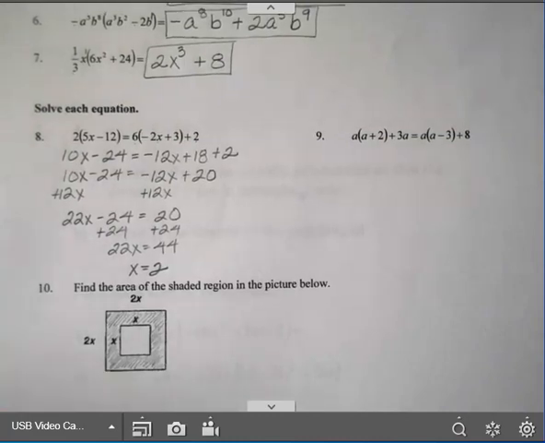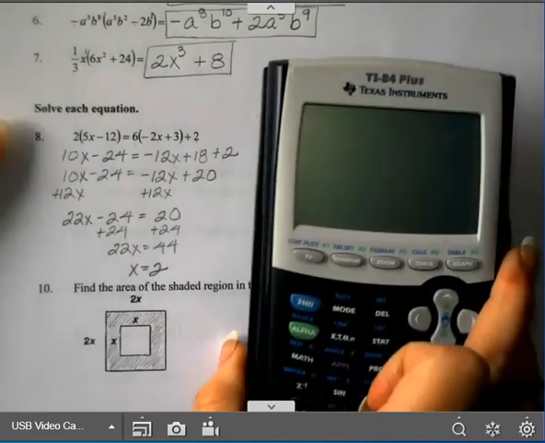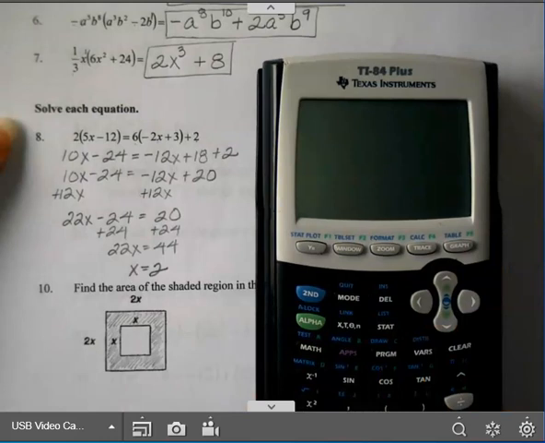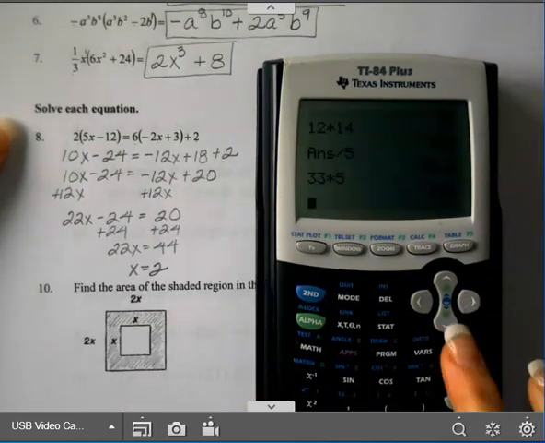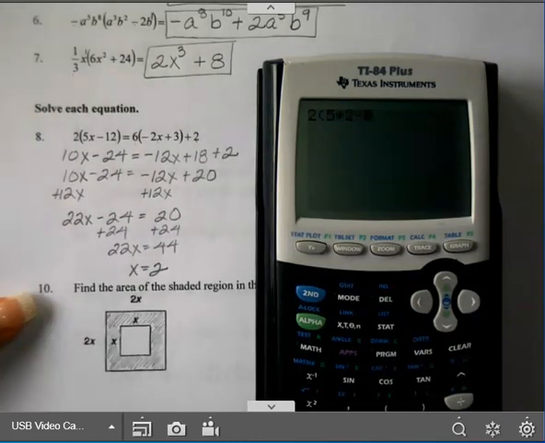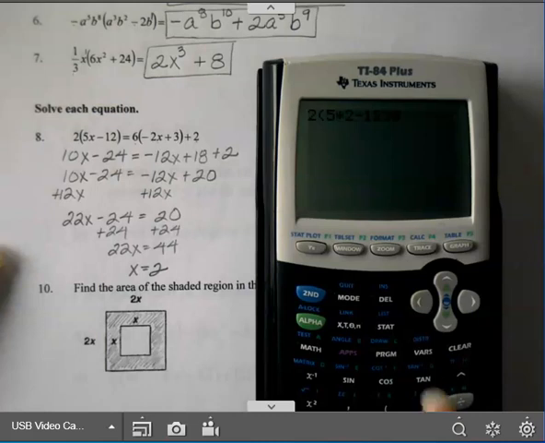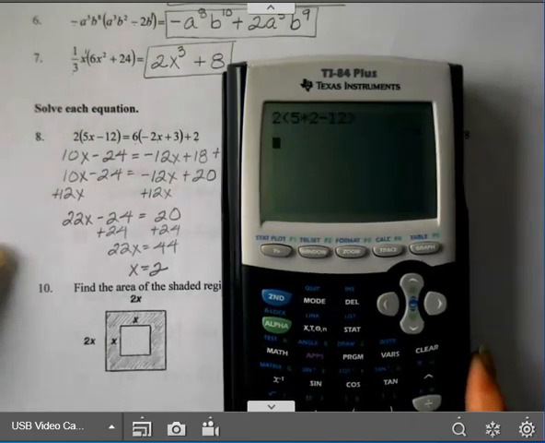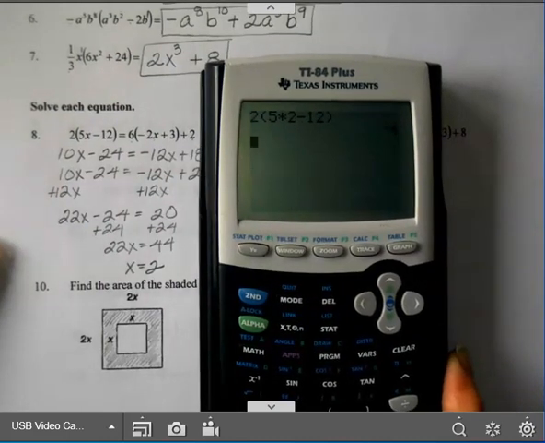You could check this in your calculator and see that it works. So let's go ahead and do that. I'm going to do 2 times the quantity 5 times 2 minus 12. That's the left side, and that's equal to negative 4.